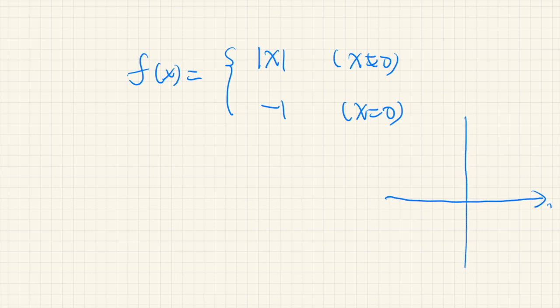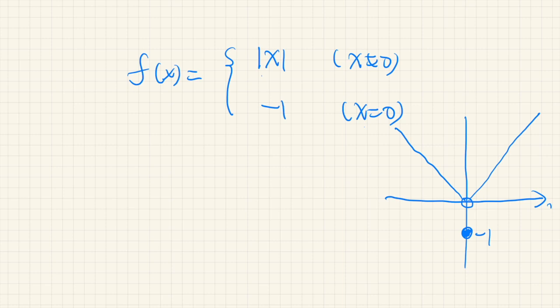So when x is positive, then this is just equal to x. So it's like this. And when x is negative, then it's negative x. So it's like this. When x is equal to 0, it's somewhere here.